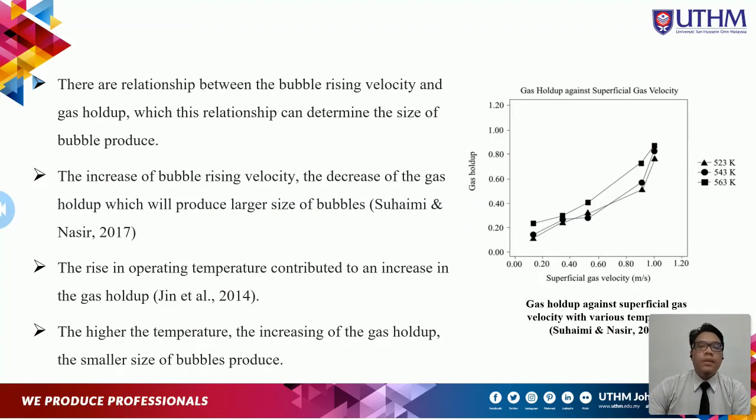The rise in operating temperature contributes to an increase in the gas holdup, which is shown in the figure on the slide. The higher the temperature, the higher the gas holdup, and the smaller the size of the bubbles produced.